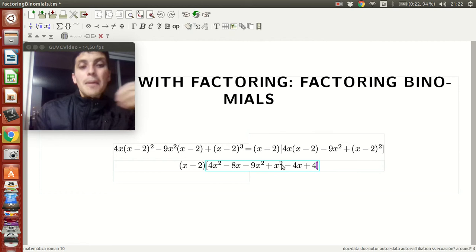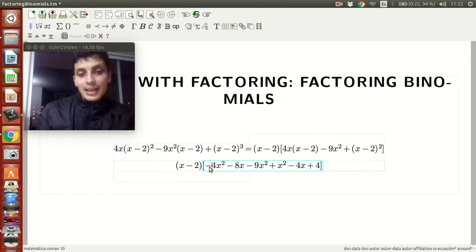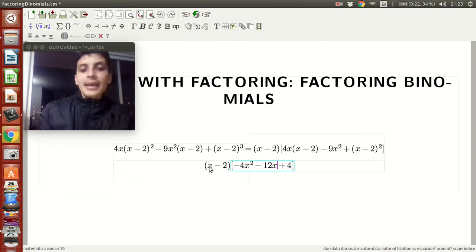So 4x squared plus x squared is 5x squared, minus 9x squared, we have negative 4x squared. We have negative 8x minus 4x, we have negative 12x, and plus 4.